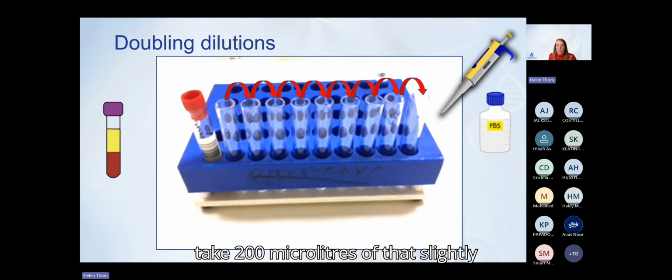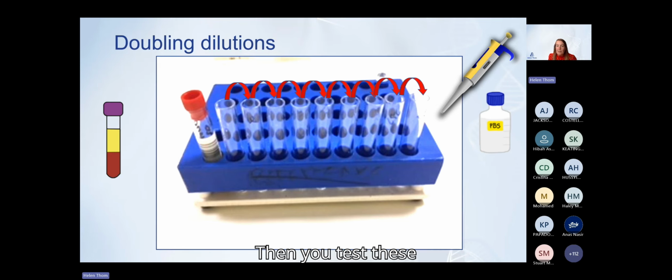Then take 200 microliters of that slightly diluted one, move into your next tube, change the tip, move on, and so on and so forth. And this is how you do your doubling dilutions when you are doing titrations. So ultimately you are diluting the antibody with PBS. So by the time you get to the last tube, you've got your dilutions for your titration.